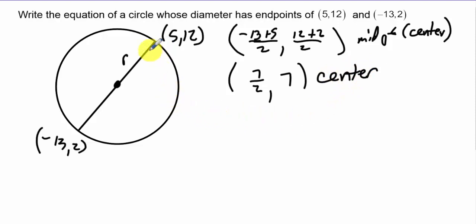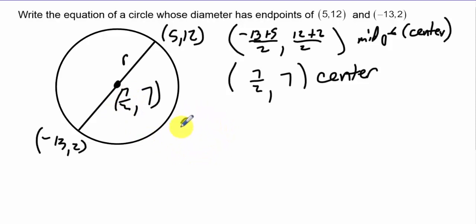We can find the radius by finding the distance from the center out, or we could find the total distance of the diameter and divide by 2. It really doesn't matter. It might be easier to do that since we have a fraction as the radius. So let's do this.